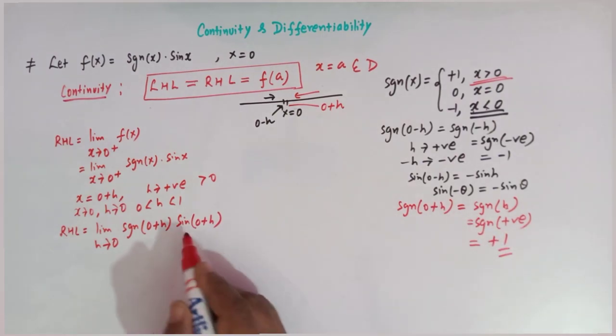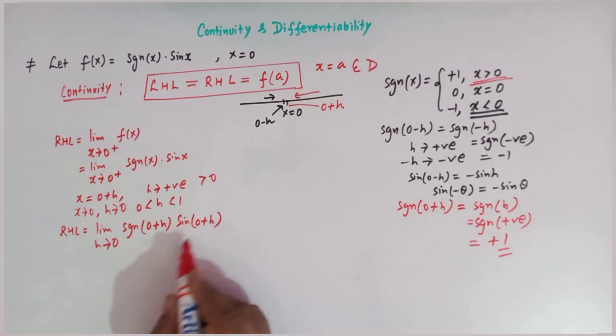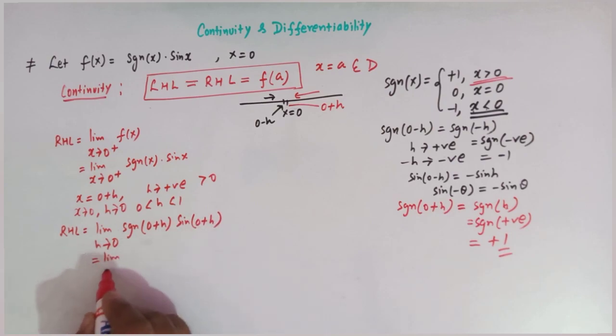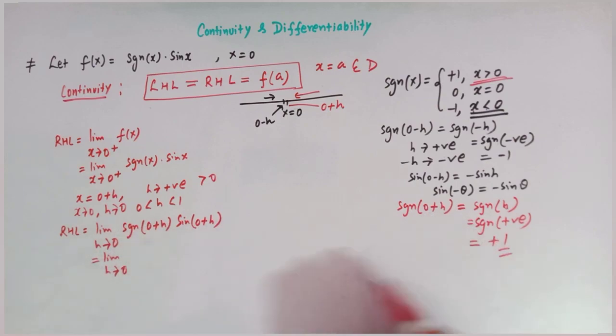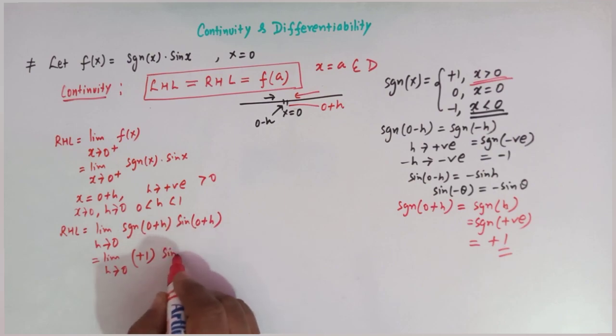And here we have sine of 0 plus h, so we can now write limit h tends to 0. Signum of 0 plus h is 1, so here we have plus 1, and here we have sine of h.